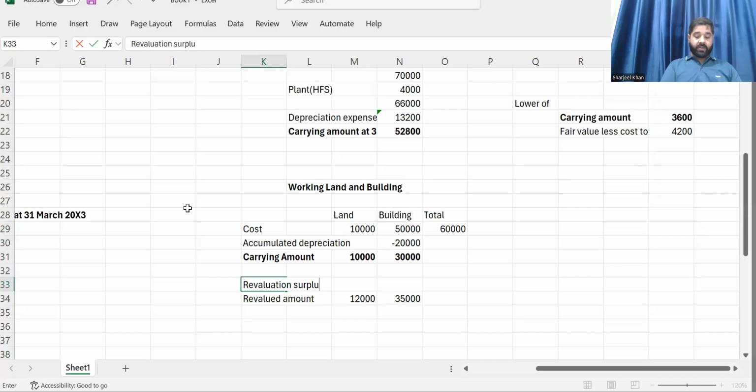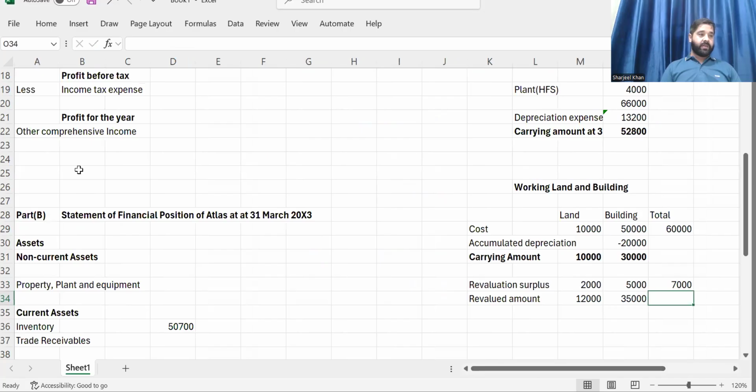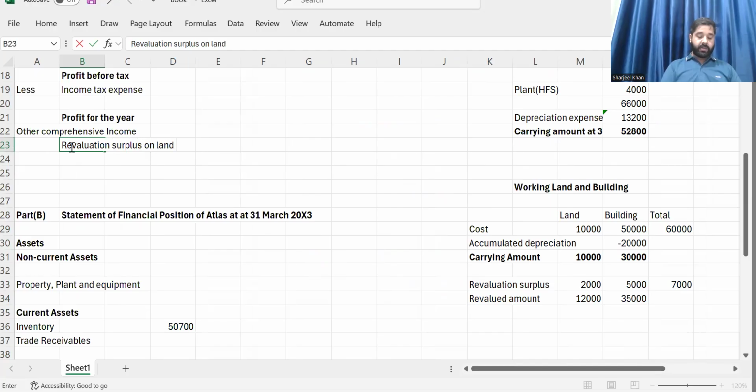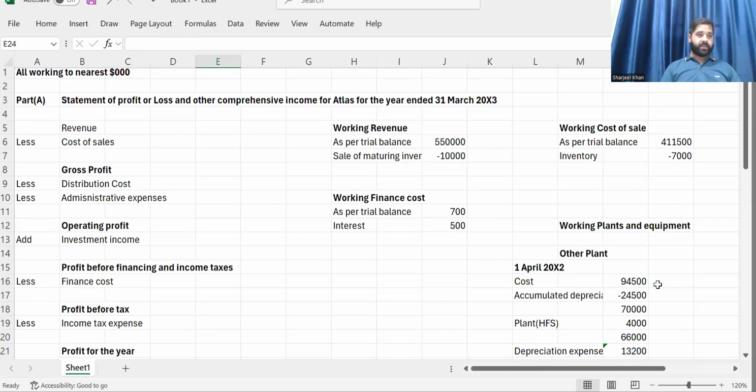So the revaluation surplus is equal to 12 minus 10, and for the building, it is 35 minus 30, and the total revaluation surplus will be 7,000. So it will be recorded over here: revaluation surplus on land and building, which is 7,000.